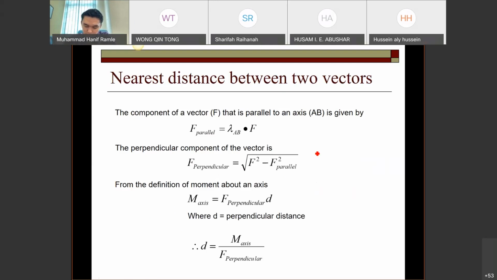This comes from F power of 2 equal to F perpendicular power of 2 plus F parallel power of 2.